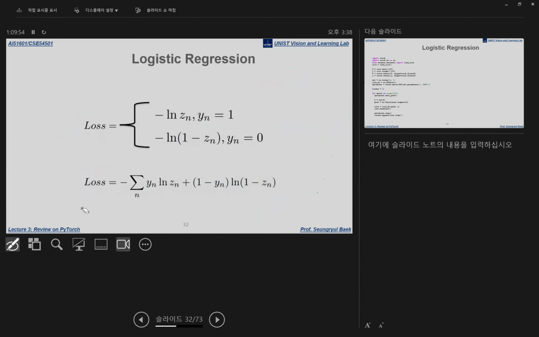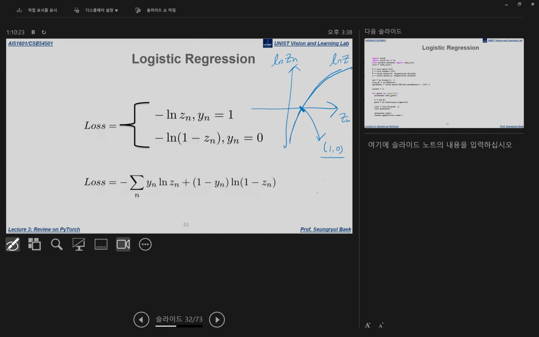And now I will explain what types of things they are doing. So this is the log function, maybe ln z, this is z, okay? And the log function always looks like this, okay? And this becomes the 1 comma 0 point, okay?